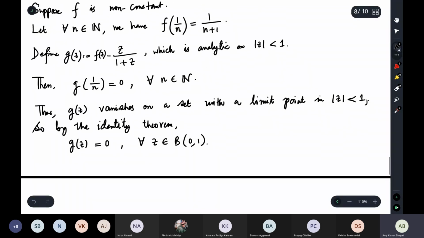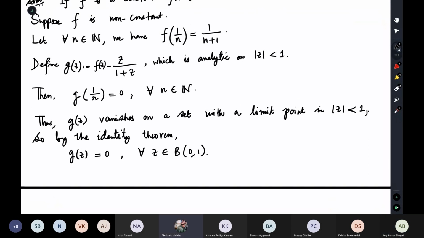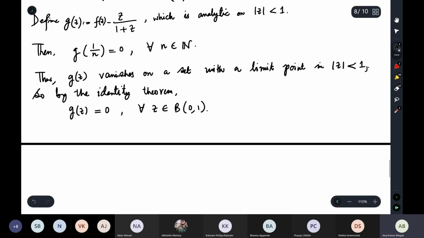Okay, am I clear up to here or not clear? Yes. Right. So gz is 0. That means if gz is 0, what I have is fz is nothing but z by 1 plus z, right? For all z inside B01.